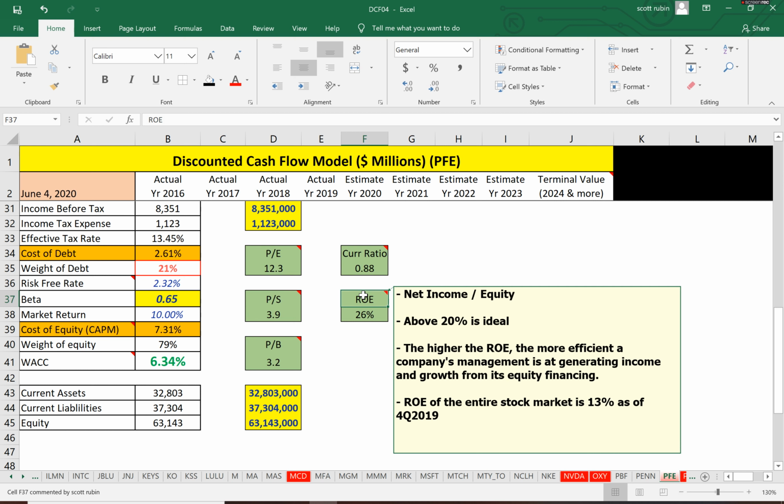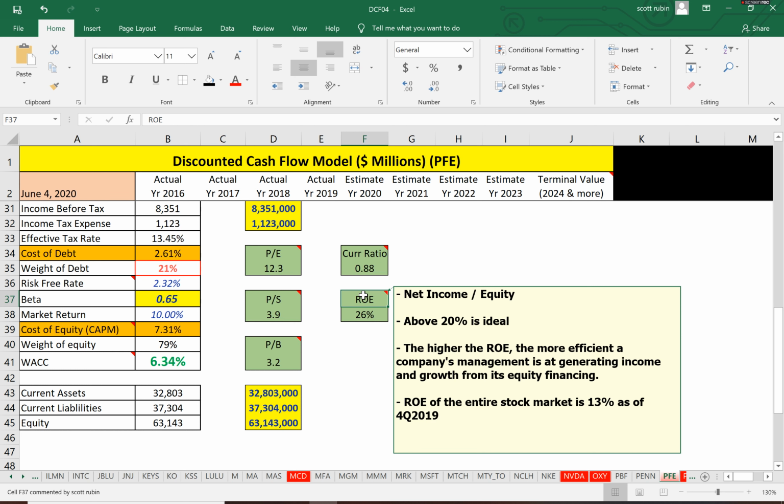It's the return you're providing to your equity holders. So a higher ROE means the company is efficient in generating income from its equity financing, because it sold stock, right? And they got the money for that stock, so that's what the financing is. What they do with the money from that stock is what we want to know, and we want them to do as much as they can to grow the business and make it profitable.